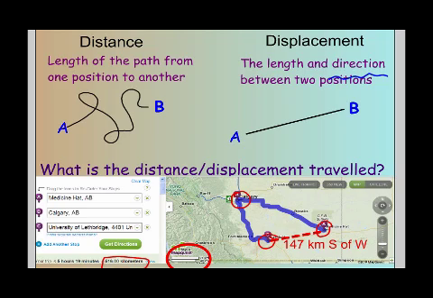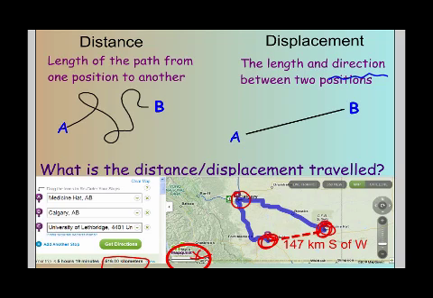Displacement, however, is, remember, the difference between where I started in Medicine Hat and where I finished down here in Lethbridge, which is actually a much shorter distance. If I measured it using the scale that they give me here, down in the bottom left, that's actually 147 kilometers. So I can say the distance from Medicine Hat to Lethbridge going through Calgary would be 516 kilometers.